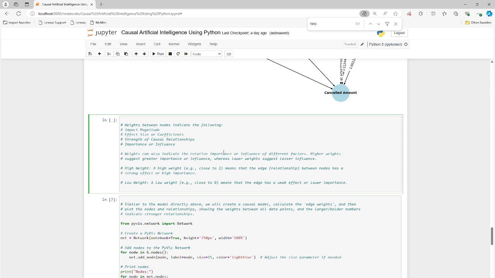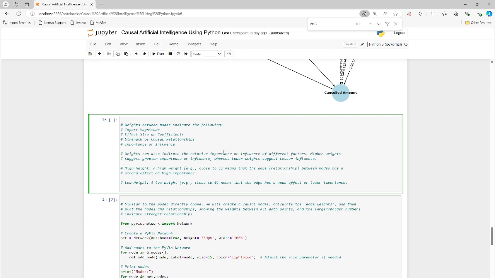So the weights, again, show the meaning or the impact magnitude between the nodes. The size of the coefficients is relative to the weights, the strength, and the causal relationships are displayed there. And again, intuitively, this should show you the importance or the influence between the nodes, right? The bigger the number, the more important. The smaller the number, the less important.